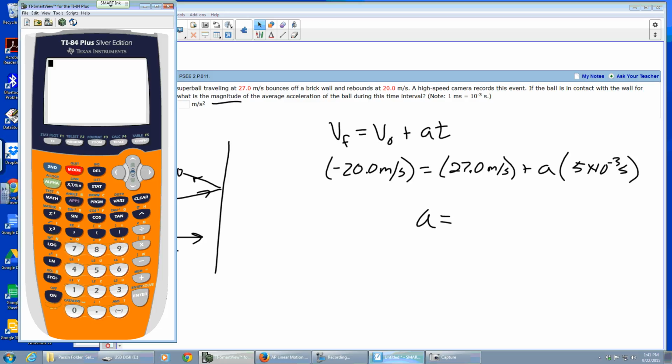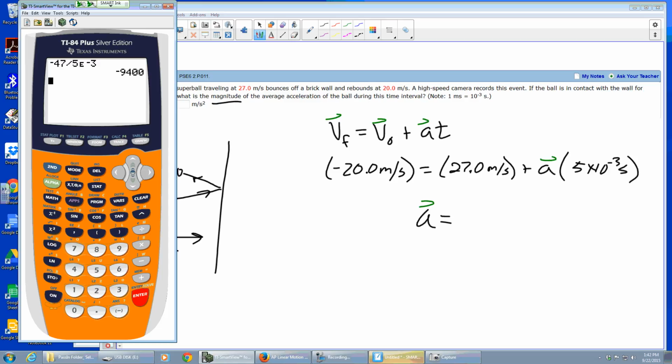So I'm going to do, let's see, minus 47 divided by 5 times 10 to the minus 3. And I get, vectorially, I should probably throw vector symbols on it just to make myself happy.